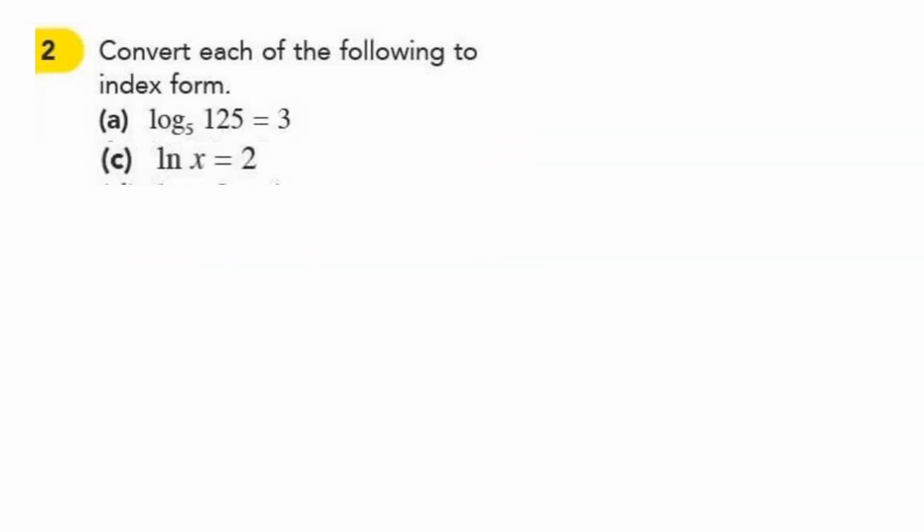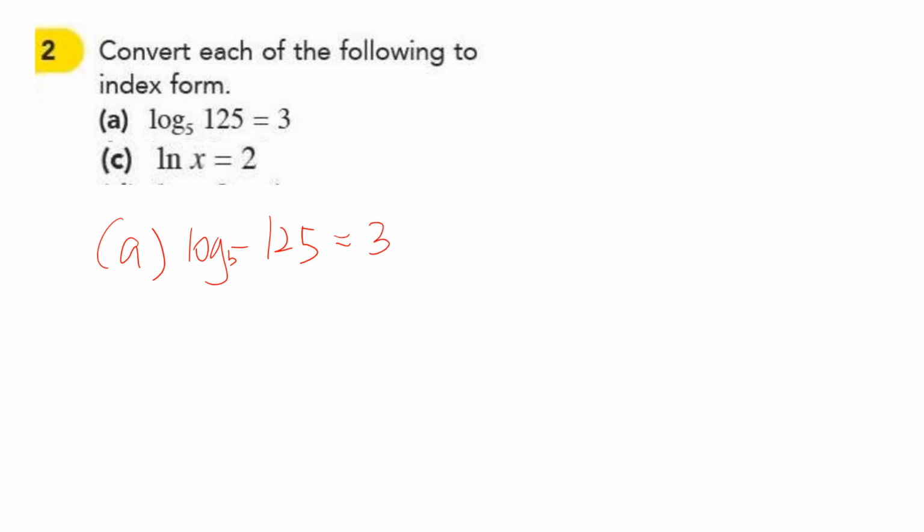Right. Let's look at question 2. We're supposed to convert each of the following into index form. So this is the very basic concepts that you need to learn. All right. Yes, converting from one form to another. It's not difficult. It's really not difficult. Why not difficult? As in, you just need to zoom into the base.